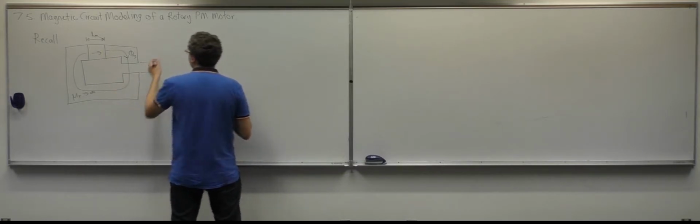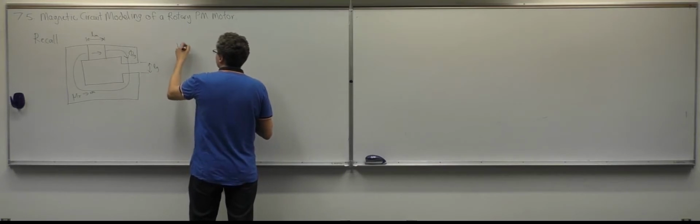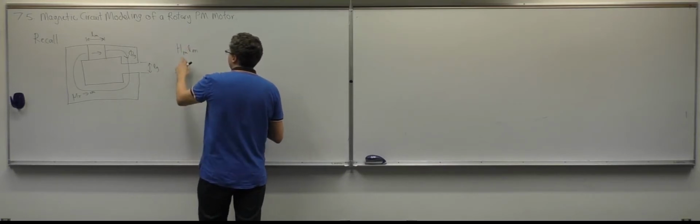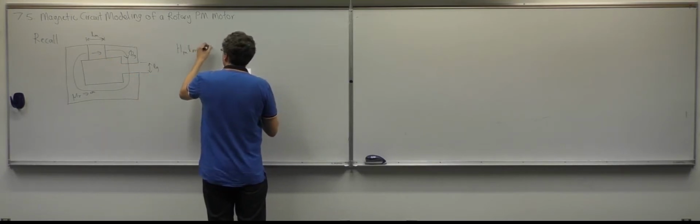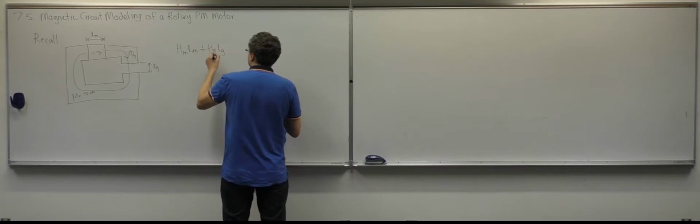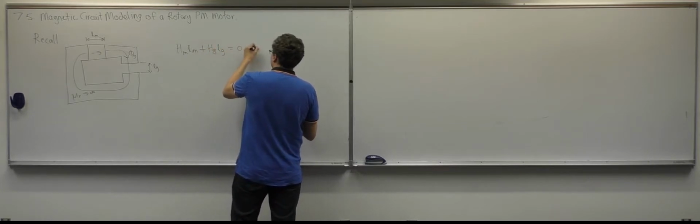So from Ampere's law, we have Hm Lm, the magnetic field intensity in the magnet times the length of the magnet, plus Hg Lg is equal to 0.